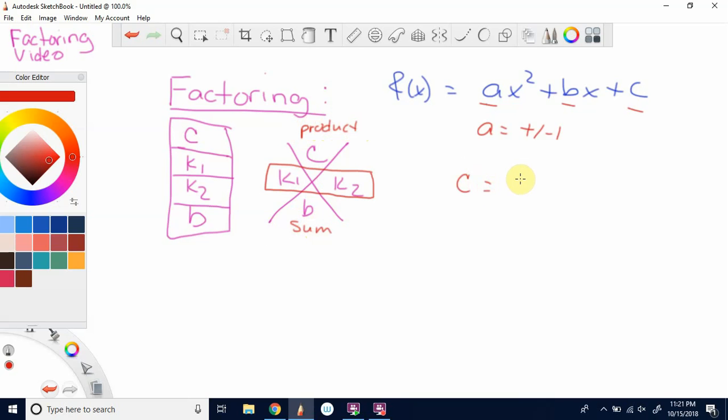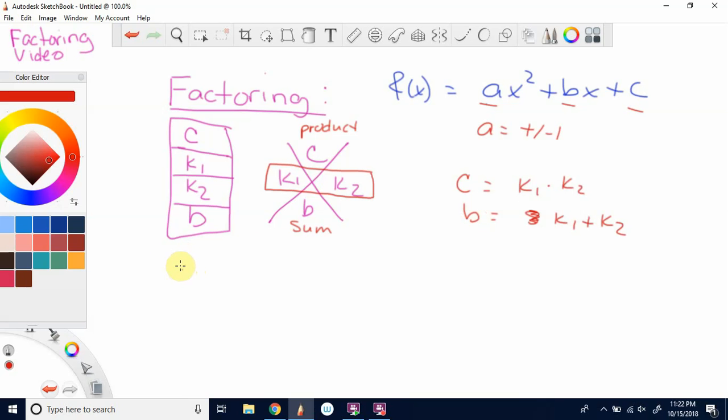So C is the product of K1 and K2, and B is the sum of K1 plus K2. All right, so write this down, and we're going to try a chart.